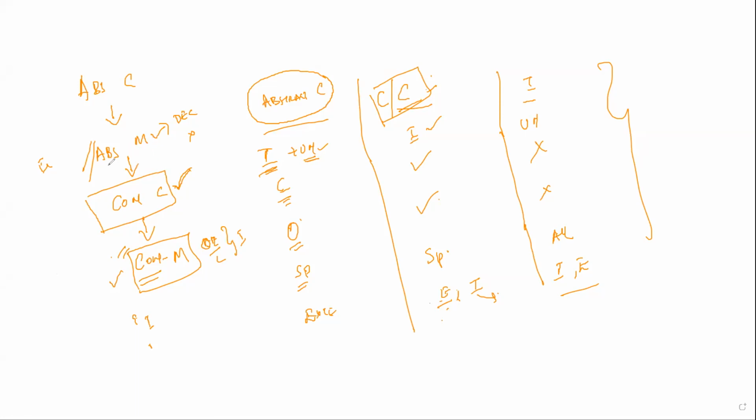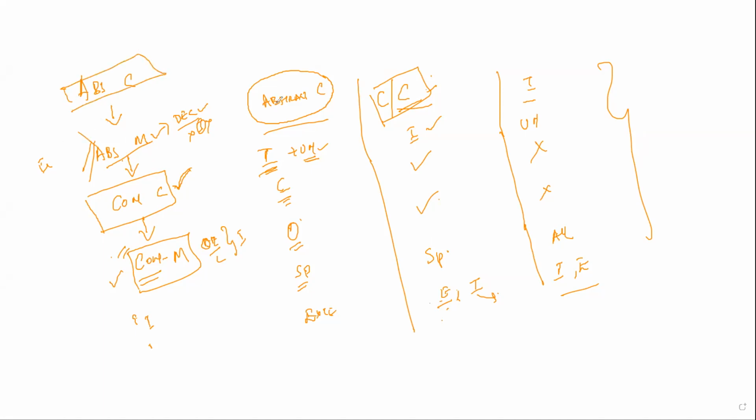And abstract methods have the declaration, but the implementation will not be there. So only the declaration of a method is there; this is called an abstract method. The next one is the abstract class.